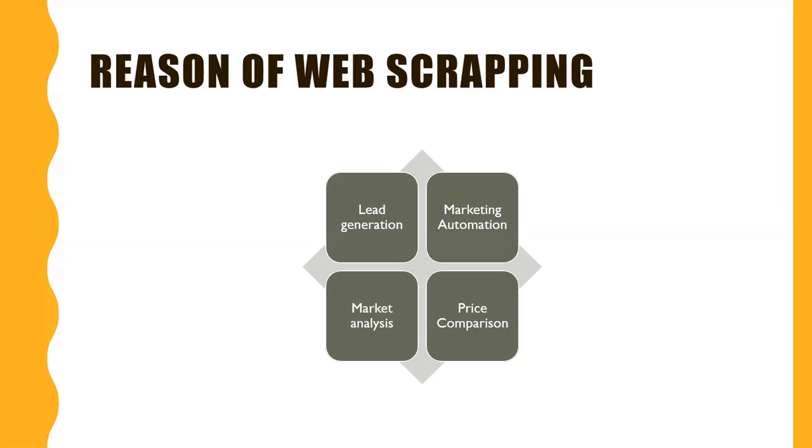Or for example, suppose you want to buy some new shoes from a website, say Amazon. You might compare other competitors as well, like what is the price of that particular Nike or Reebok shoe on different websites. If it is a single product, you will definitely go and search on the website.